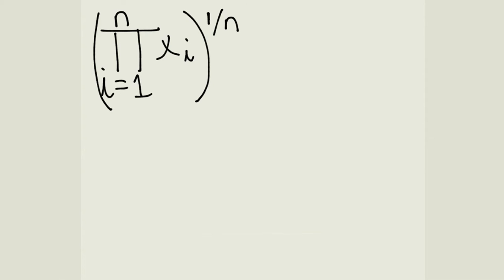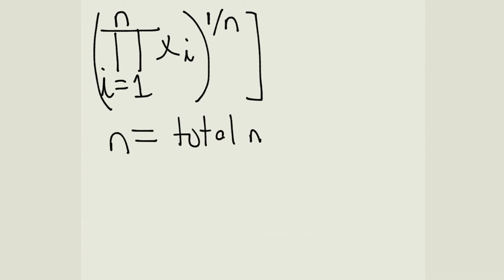Okay. So it does look intimidating at first glance. Okay, so let's start by dissecting it. First, n, that's the most important one. It basically tells you how many terms there are, how many numbers there are in total.